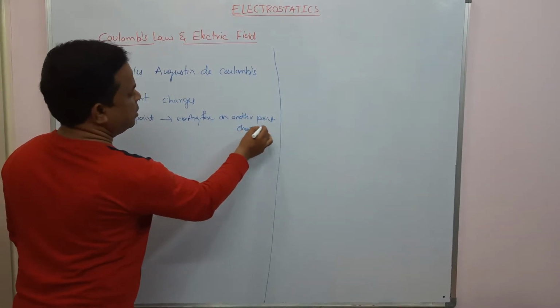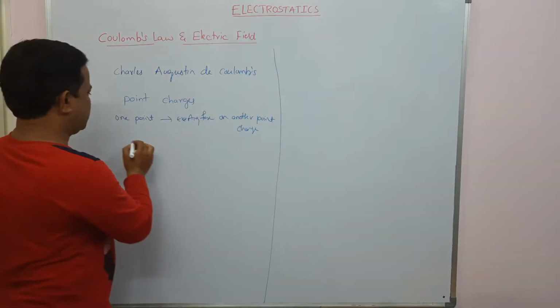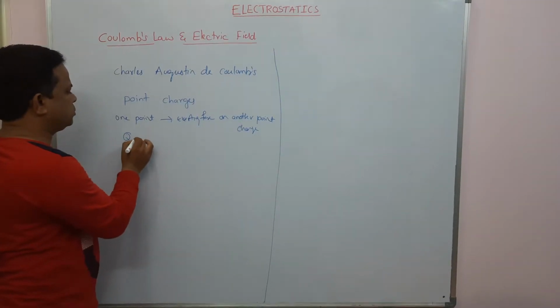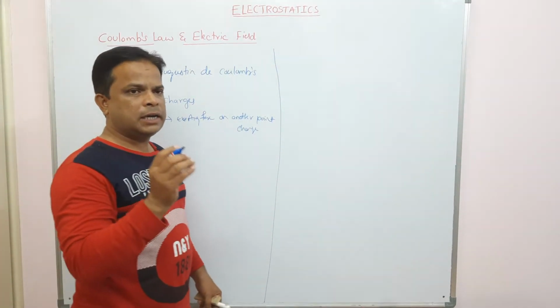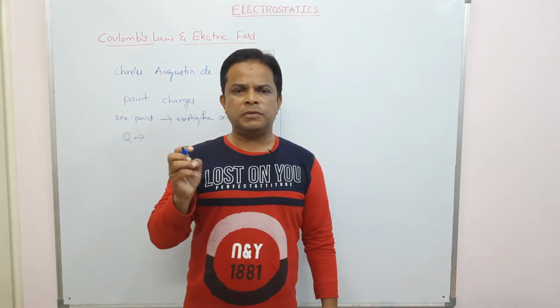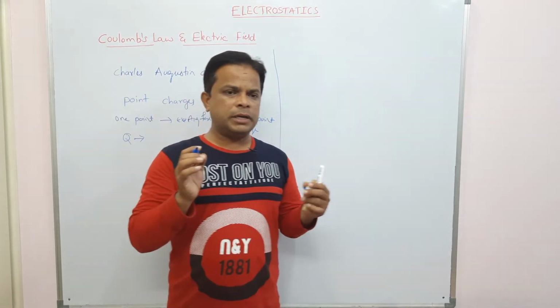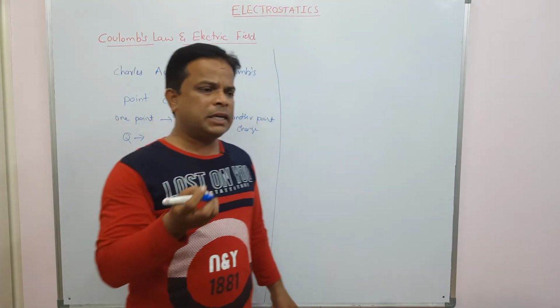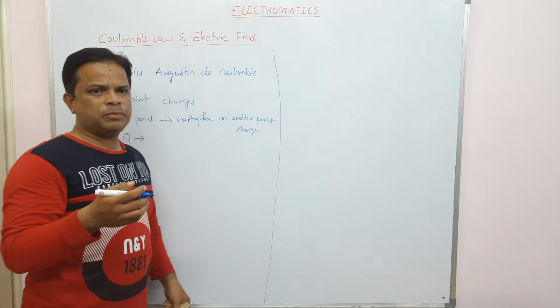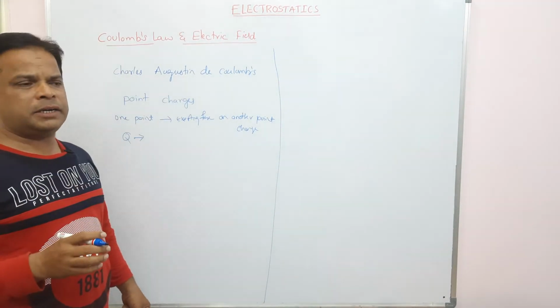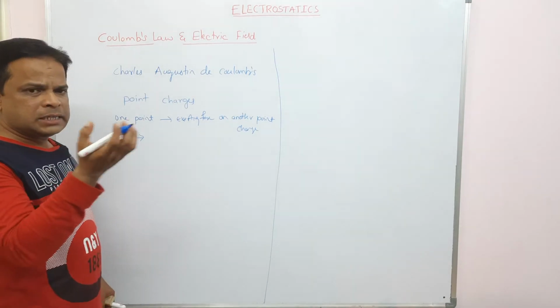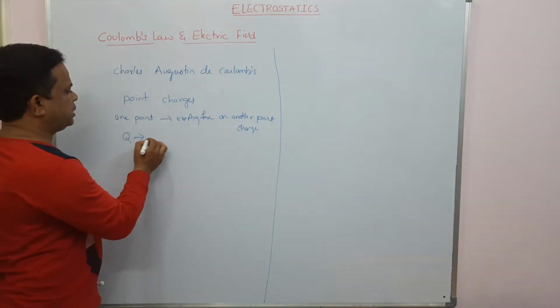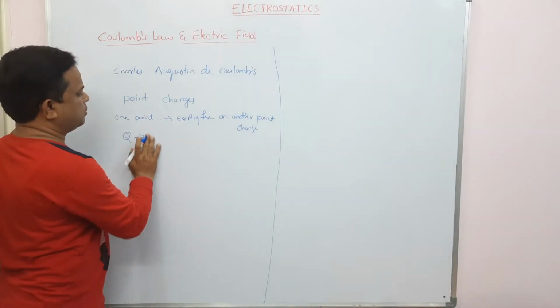So here point charge means that, if I take the point charge as Q, it has very, very small dimension, relatively very small. We can say negligible, a volumeless radiator also we can say, which doesn't have any volume, which doesn't have any size. So that's why it is very small.